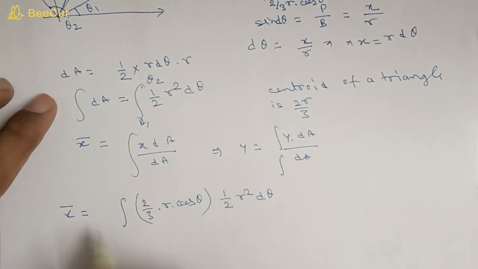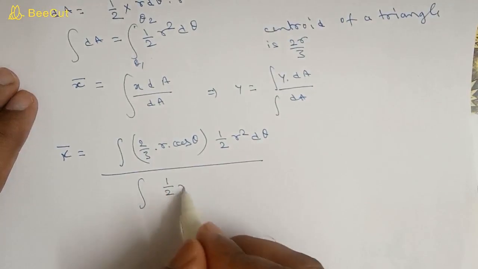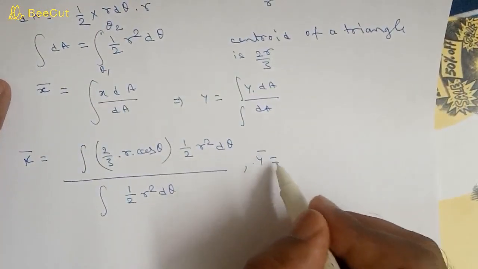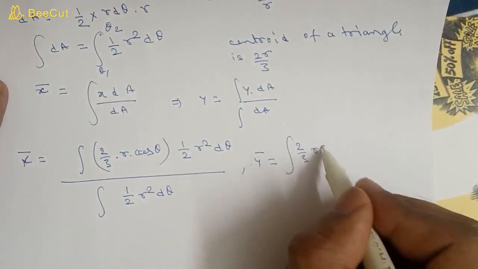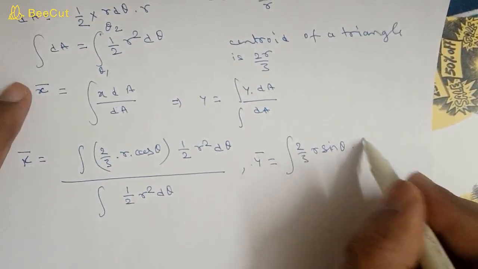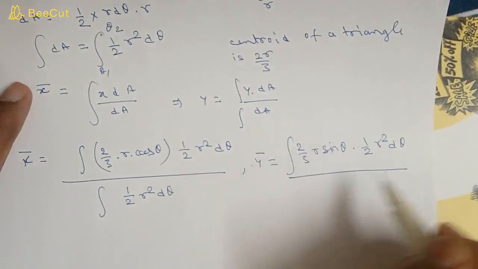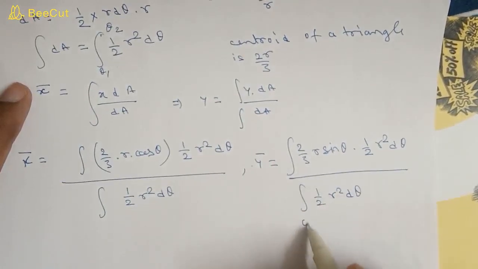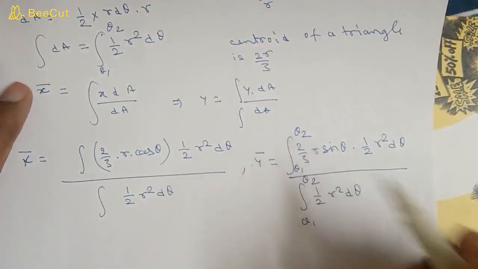And for y bar, y is 2 by 3 into r into sine theta into half r square d theta, divided by half r square d theta, with limits theta 1 to theta 2 on both.